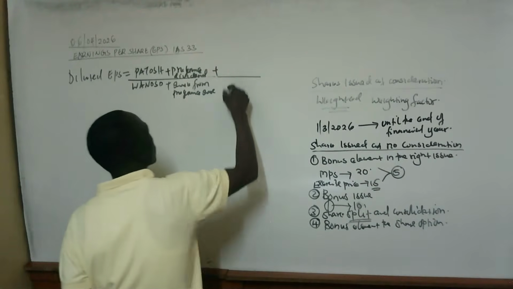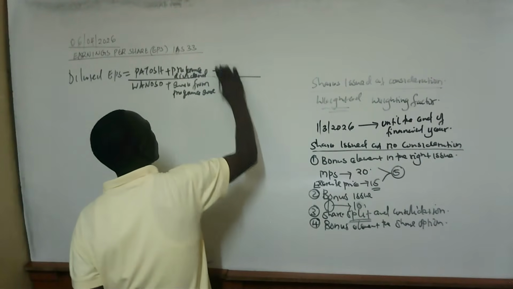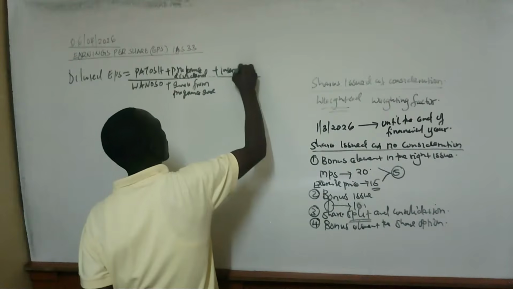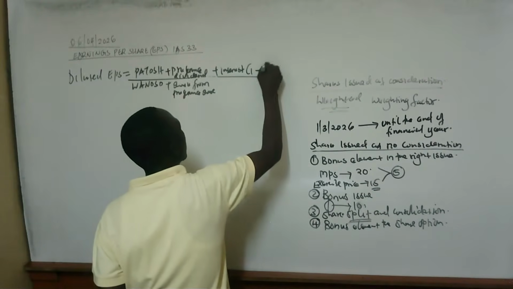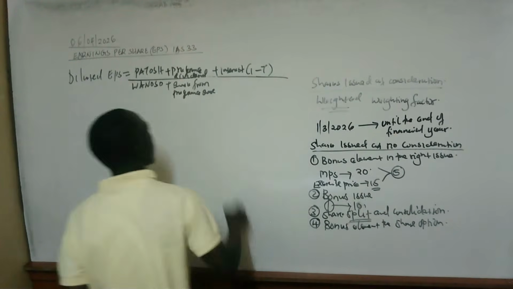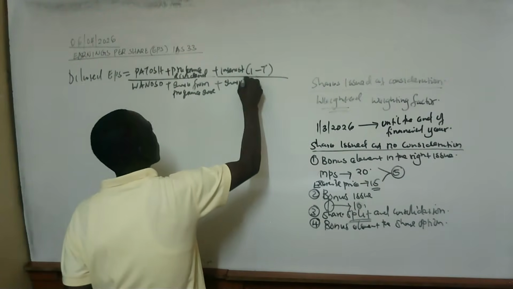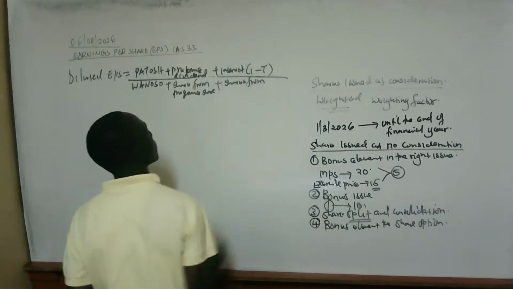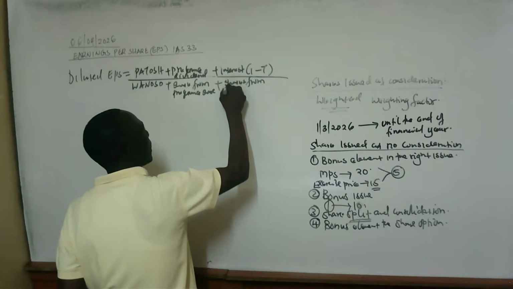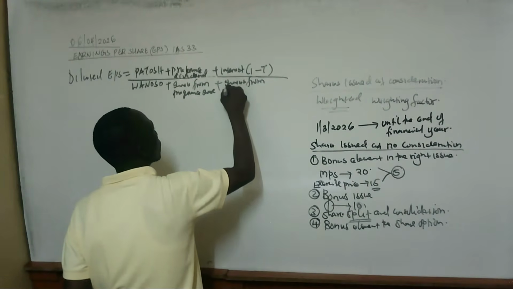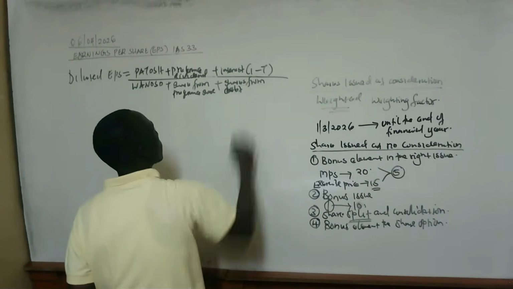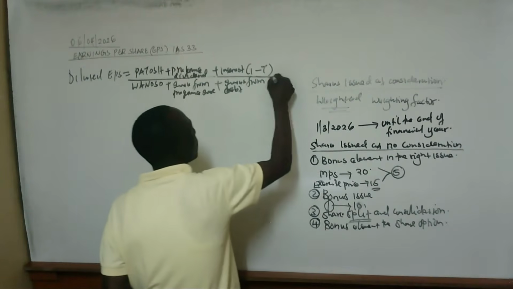Then we have the interest, interest times 1 minus T. Then from there we divide by the shares from debt, or we can talk about the debentures.